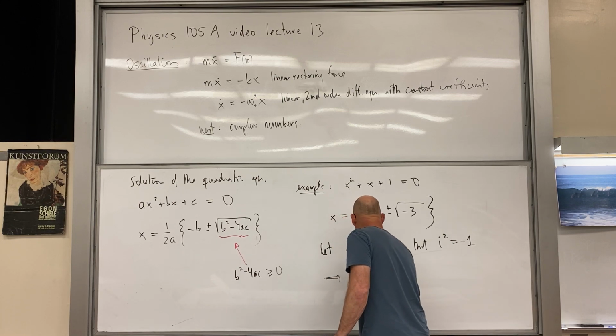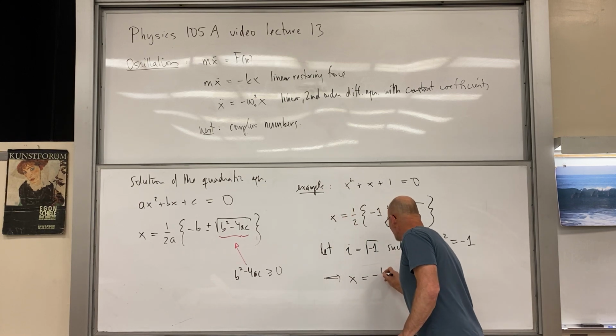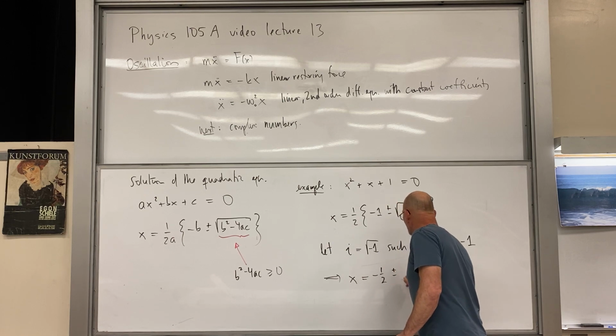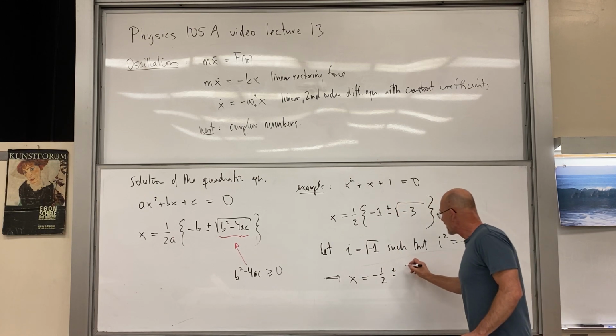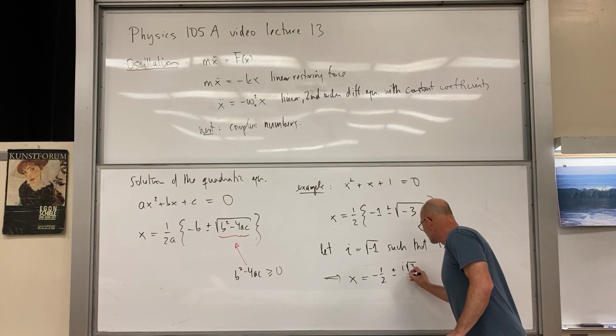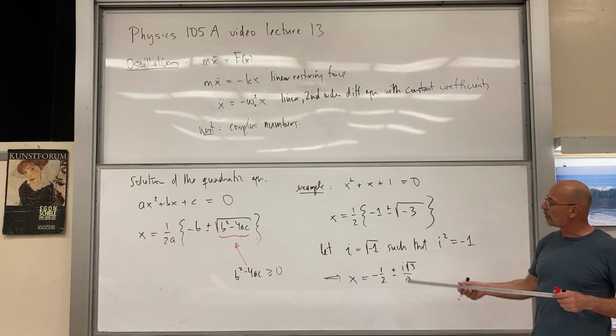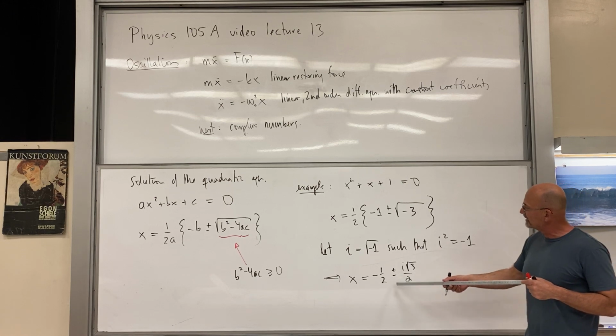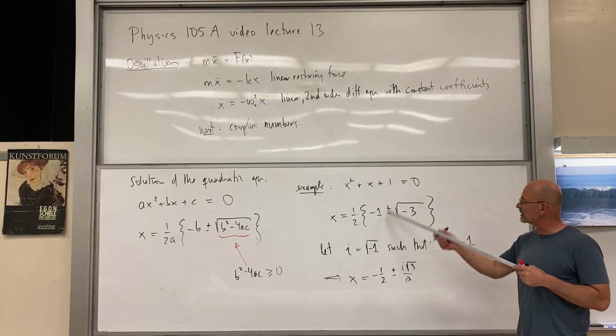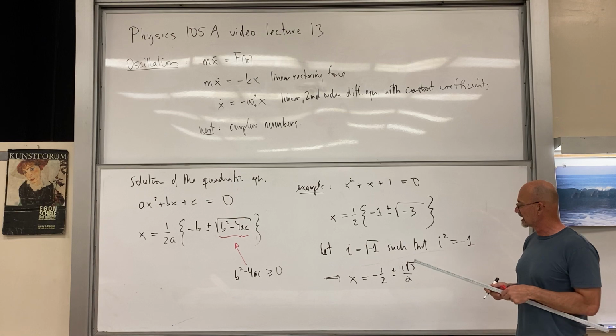Now you can say your solutions are -1/2 plus or minus i times square root of 3 divided by 2. And this has just been done formally, but if you go back into this equation with these roots, you'll find, sure enough, it works. Okay.